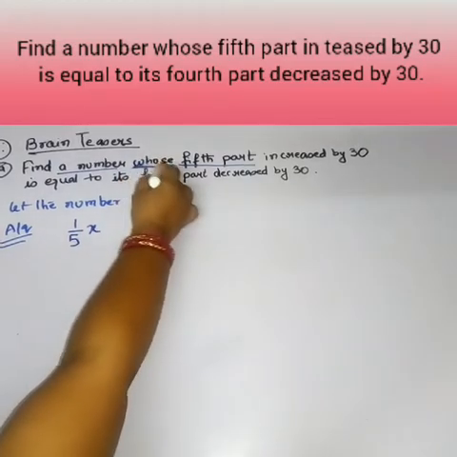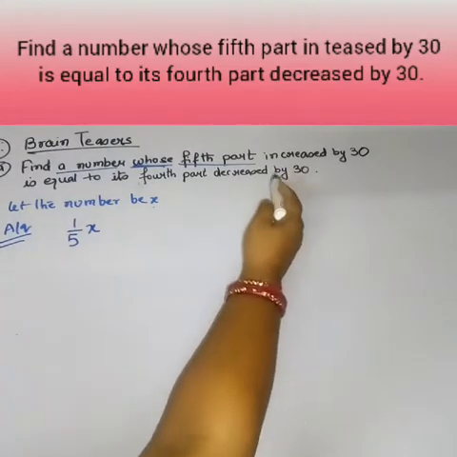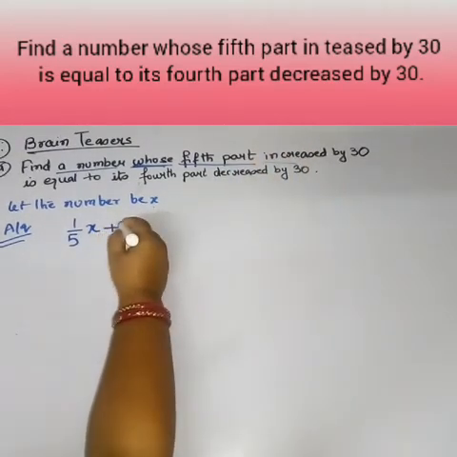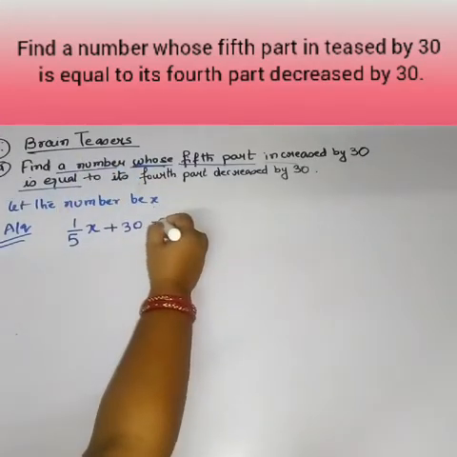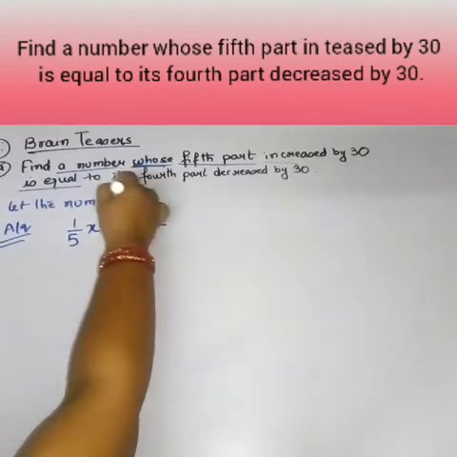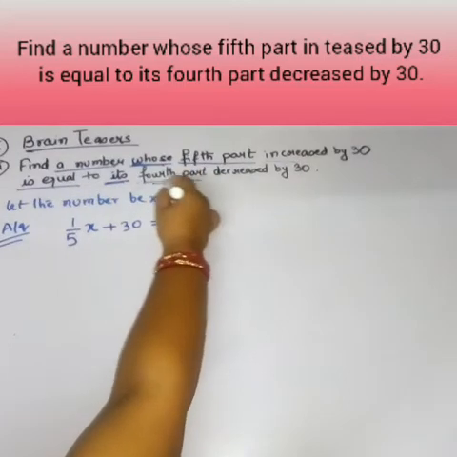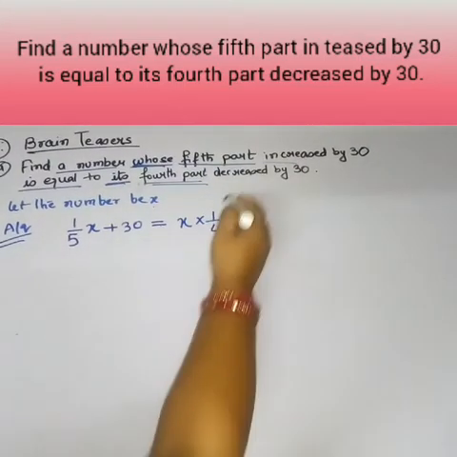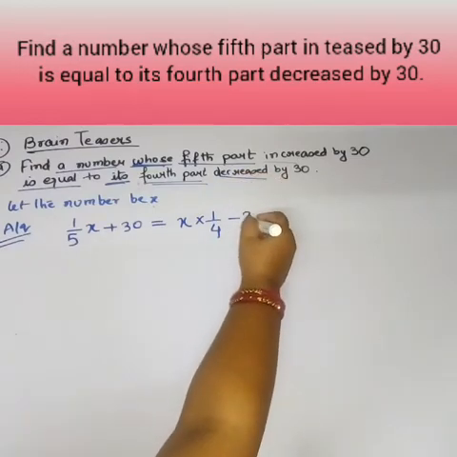Whose means the number, and here the number is x, increased by means plus 30, is equal to means equal to sign, its means the number, fourth part means 1 by 4. Decrease means minus by 30.